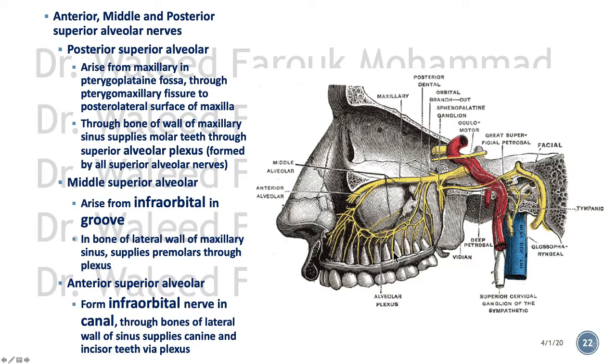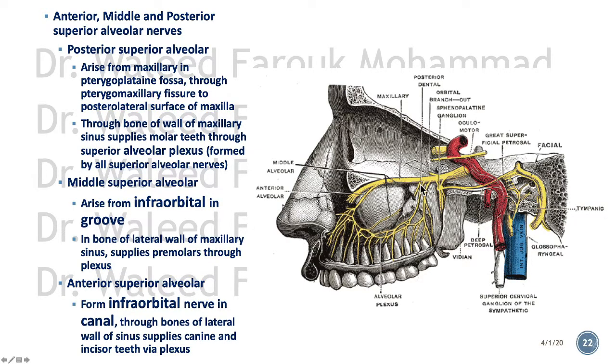Okay? And as the nerve continues in the canal, and all this, of course, in the walls of the maxillary sinus, it sends a branch to supply the rest of the teeth, like the incisors and the canine teeth. Okay? And all connected to a plexus.